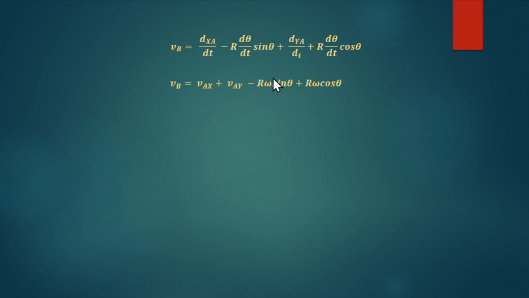So we can say that sine theta approaches zero, so we cancel this term. What remains is cosine theta equal to 1, so what remains is R omega. This Vax plus Vay is the total velocity at point A. So we can say that Vb is equal to Va plus R omega.